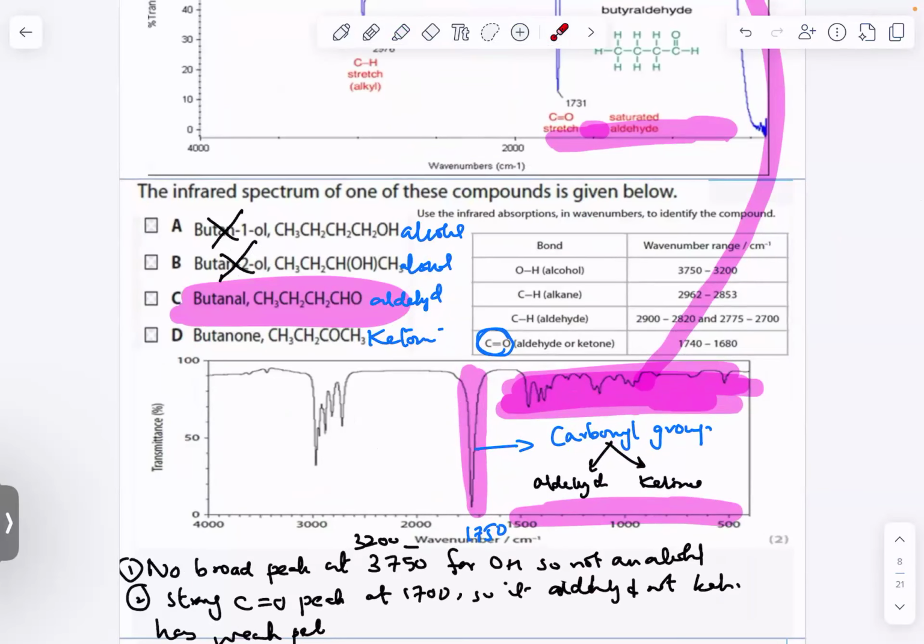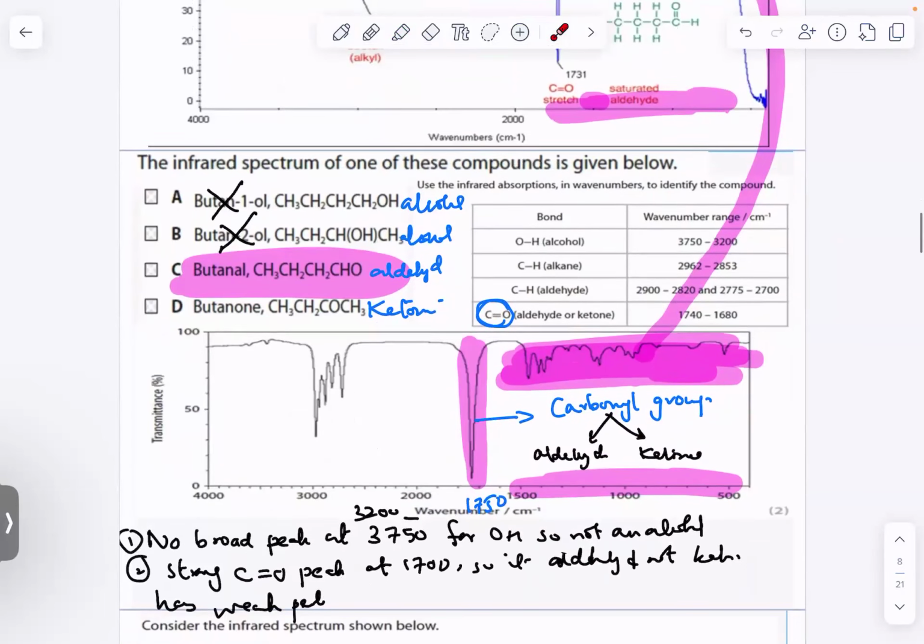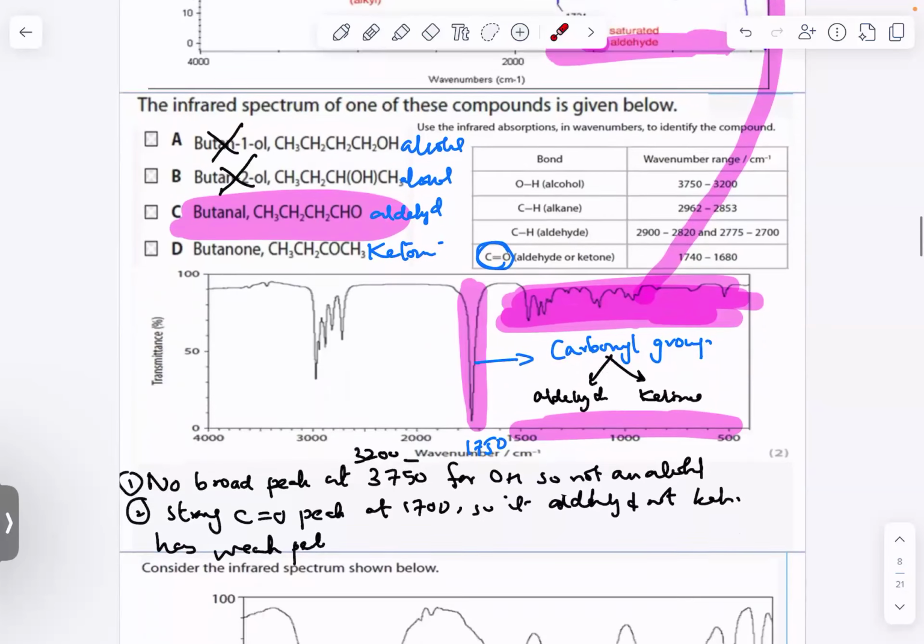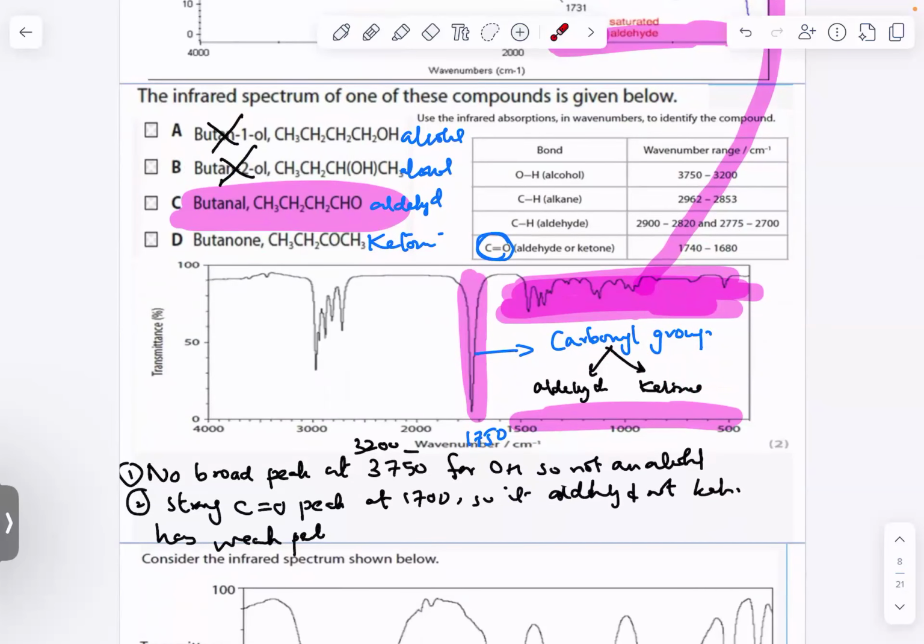What are you not getting? I'll explain again. The aldehyde C-H has peaks at 2820, 2900, and from 2700 to 2775.